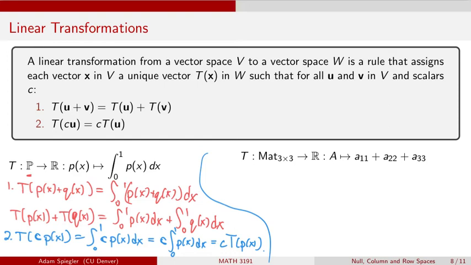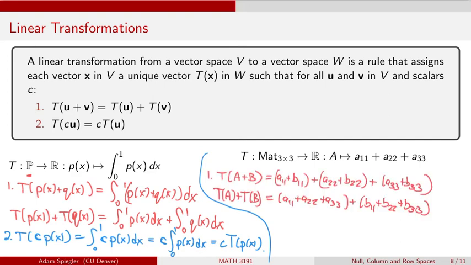Let's see why properties 1 and 2 work for this map. First, if I take two 3x3 matrices that I'll denote A and B, and first add them together, then the diagonal entries of the matrix A plus B would be A11 plus B11, that's the first diagonal entry, A22 plus B22 would be the second diagonal entry, and A33 plus B33 would be the third diagonal entry of the matrix A plus B. So this map would then say, take this matrix A plus B and add up the diagonal entries.